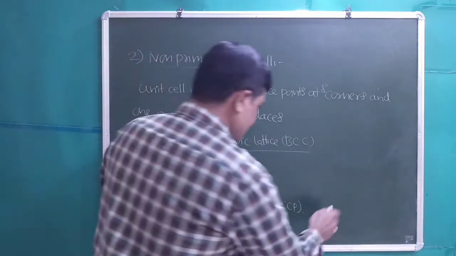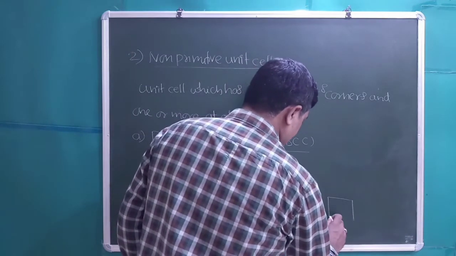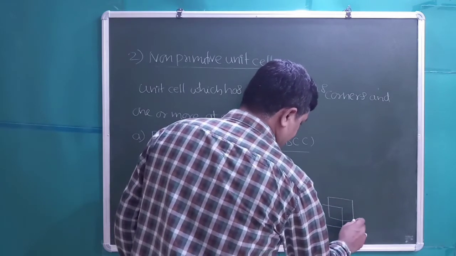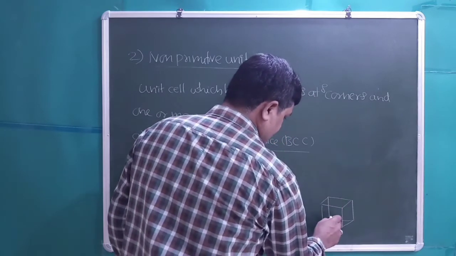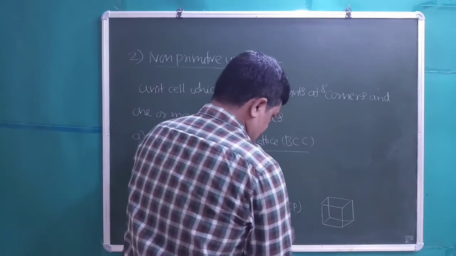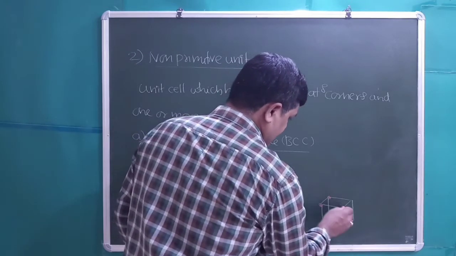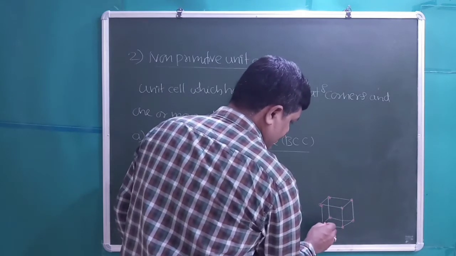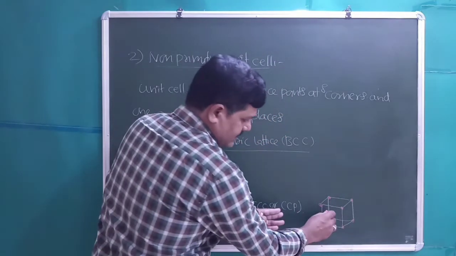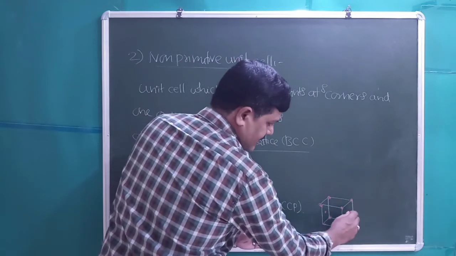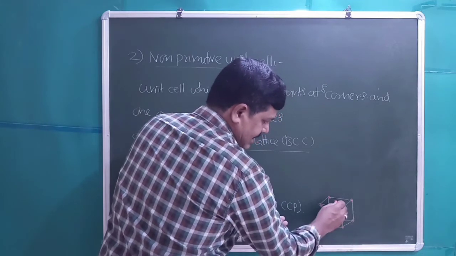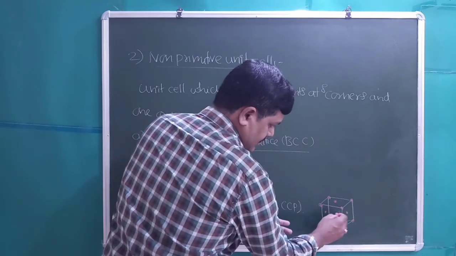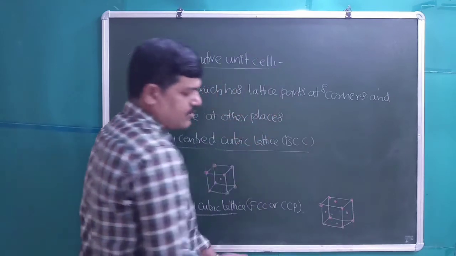In FCC, 8 lattice points are present at corners and 6 at face centers: this side face, the opposite face, right side face, top face, bottom face, front face and back face. This is also a non-primitive unit cell.